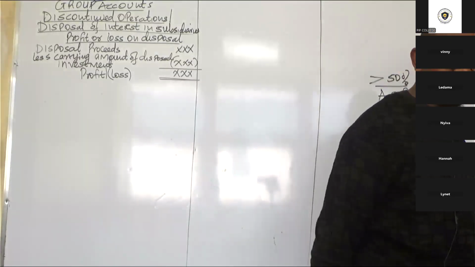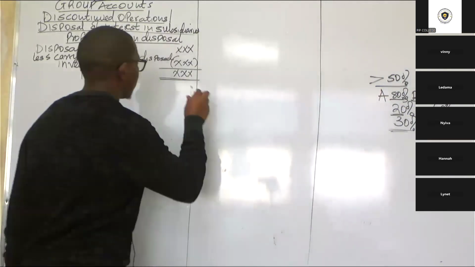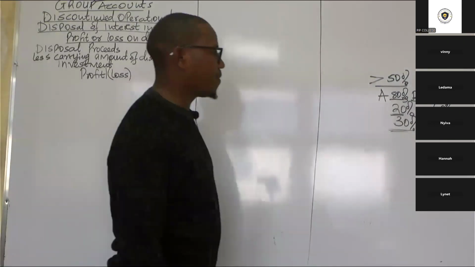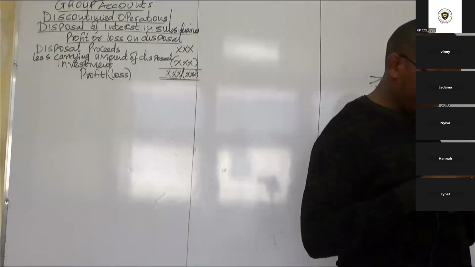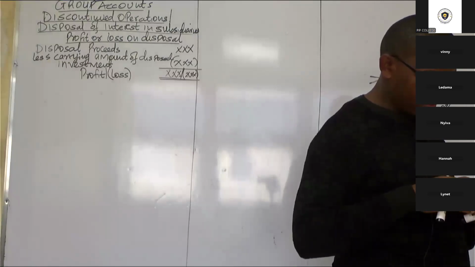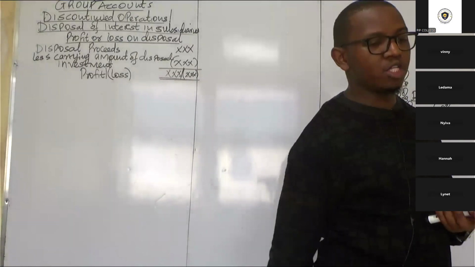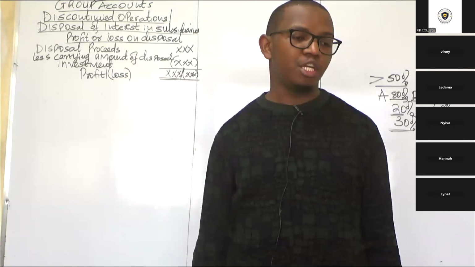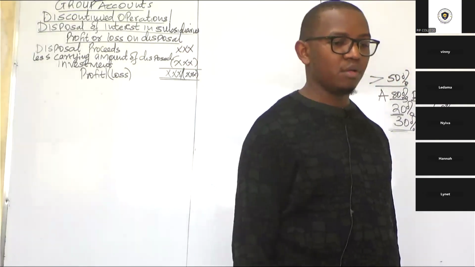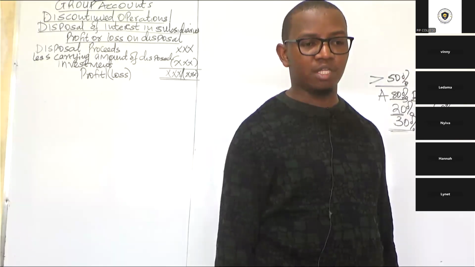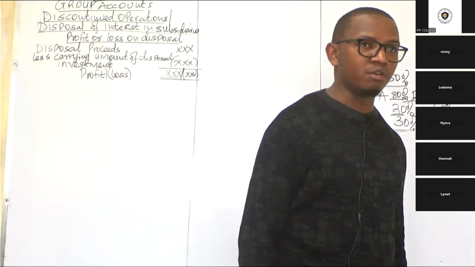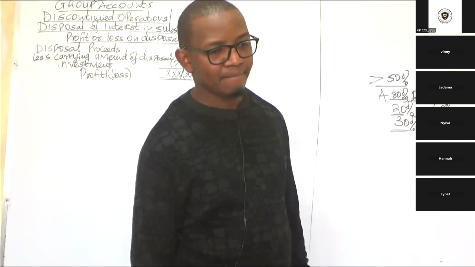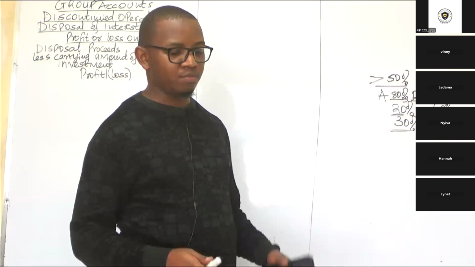And remember, if it is a loss, it has to be negative. The profit or loss on disposal to be reported in the consolidated income statement is computed as follows.